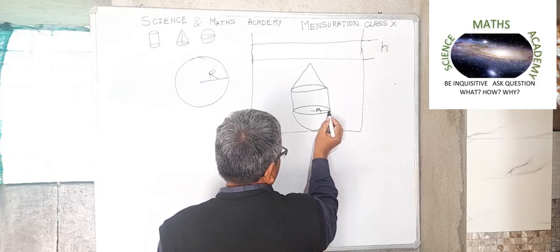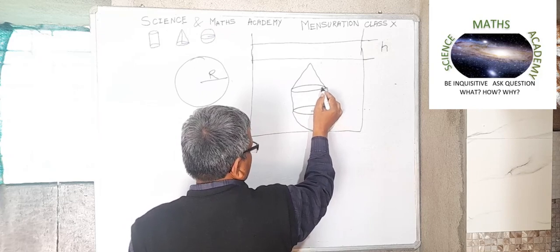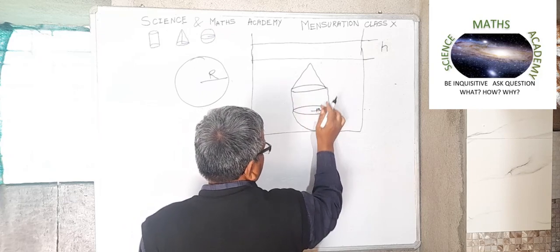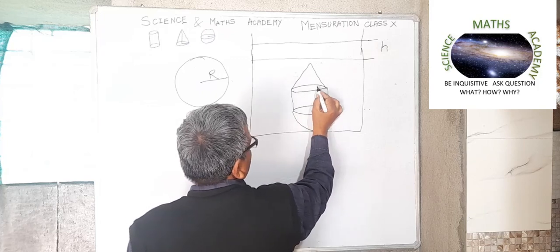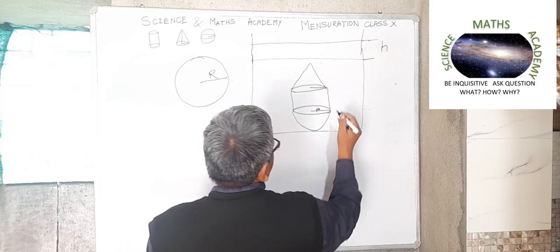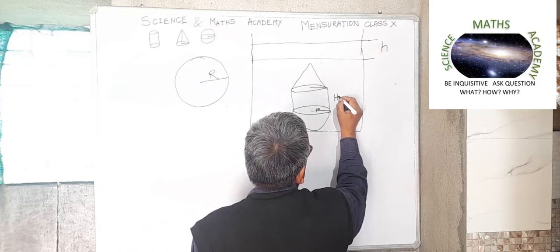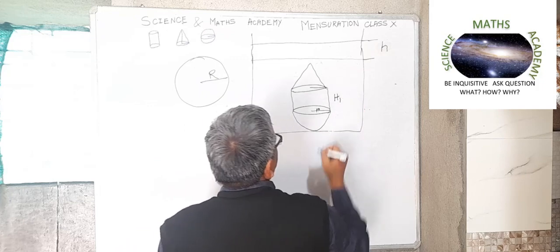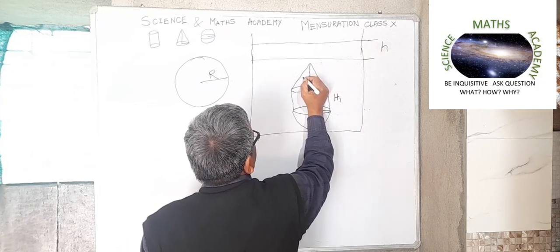Here see, the radius of the cylinder is also the same, so let me write small r. The radius of the cone is also the same. Yes, now I call this h1, this h2.